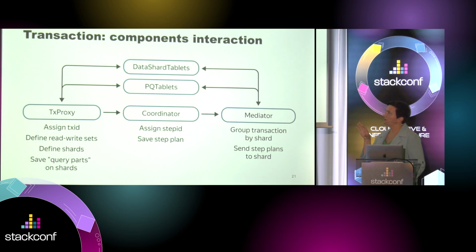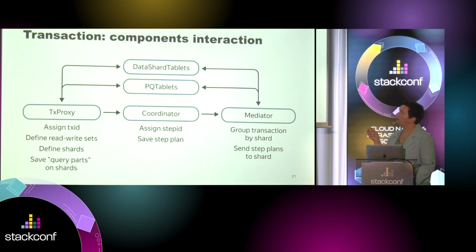So, earlier step ID first and earlier TX ID first. If this shard is included in the read set, it can read data, and that's all part of its work. If some shard is included in the write set, sometimes on a specific step, it should wait for reading shards.